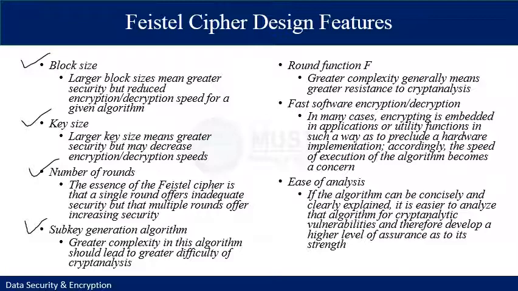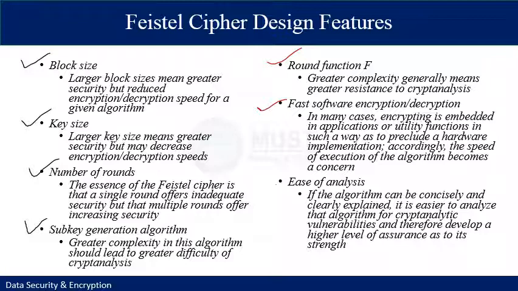Similarly, we used a round function f for adding key to one of the input. If we have the greater complexity, it generally means the greater resistance to cryptanalysis. If we have a better function, we have better security against the attacks. There are two other considerations in the design of Feistel networks, such as fast software encryption, decryption.